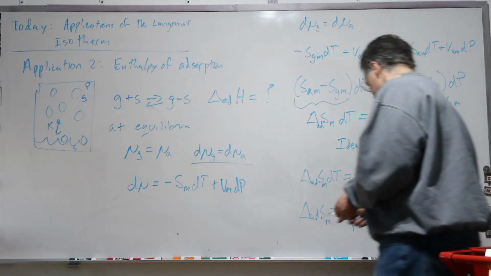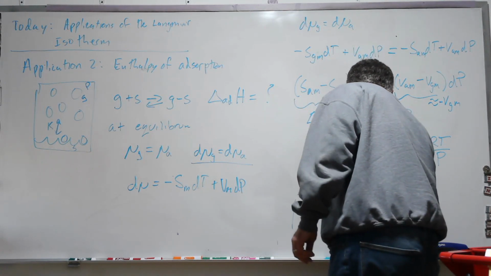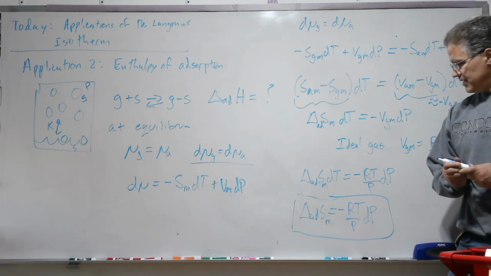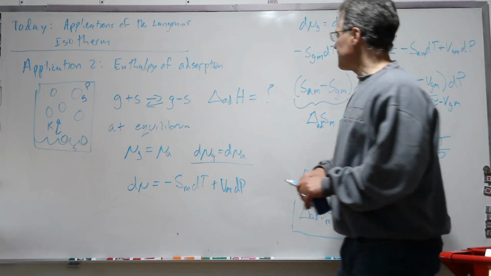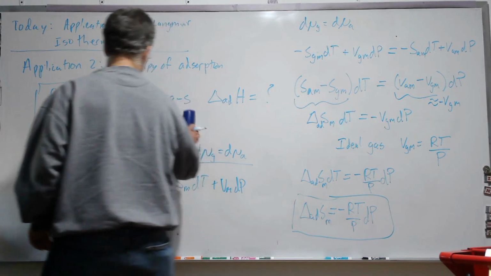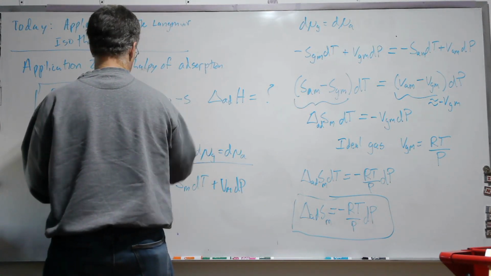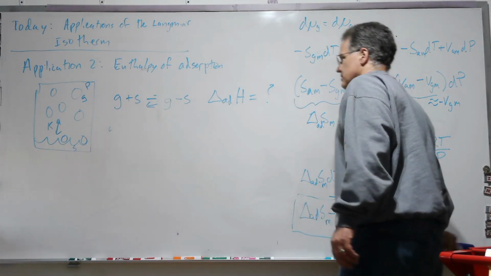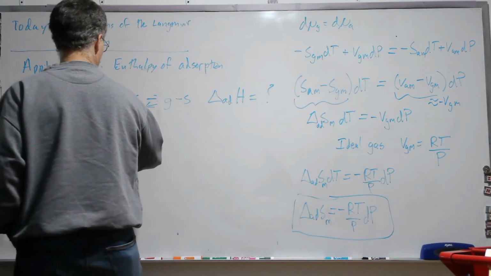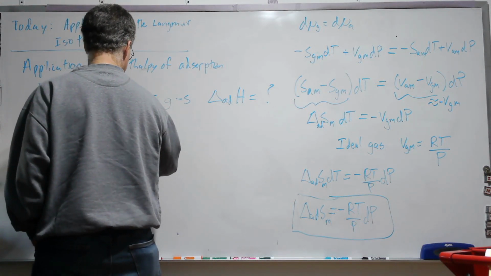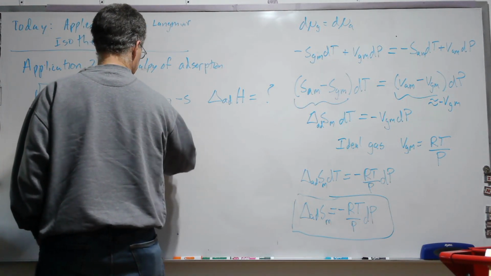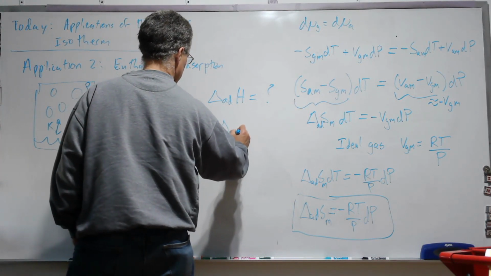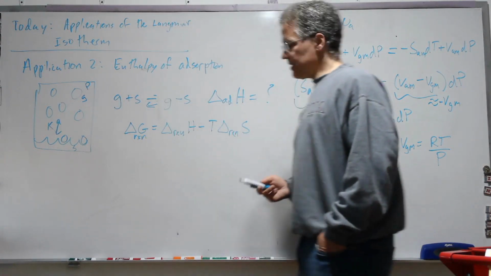All right, so we've got this. So this is the molar entropy change, so that's something good to get. Let's get all the way to the delta H. So we know for any reaction, this is the case.